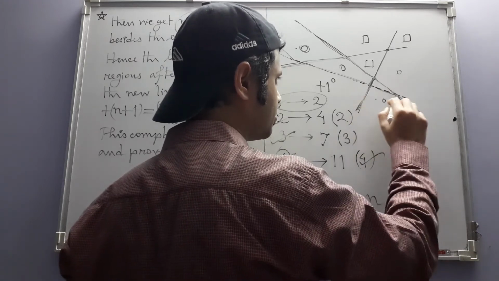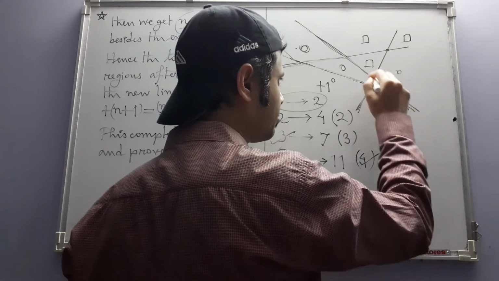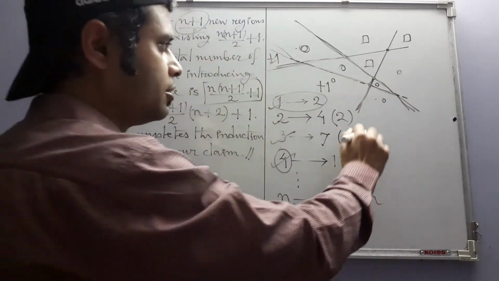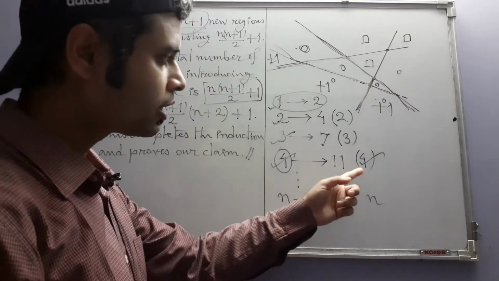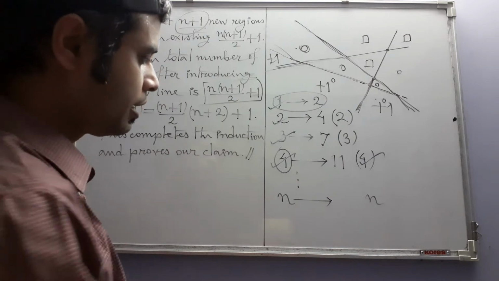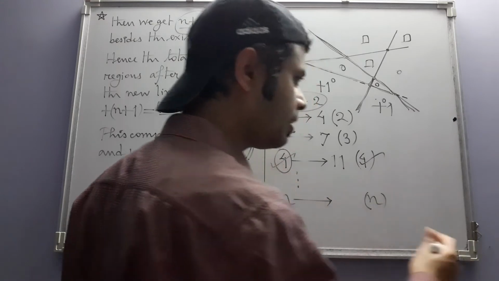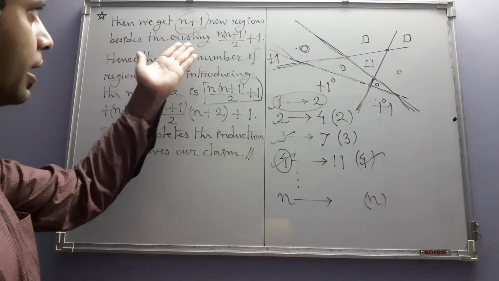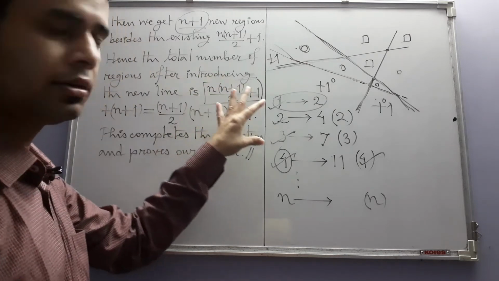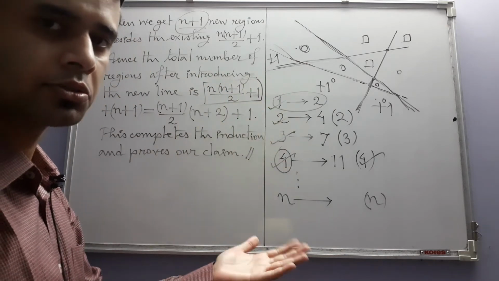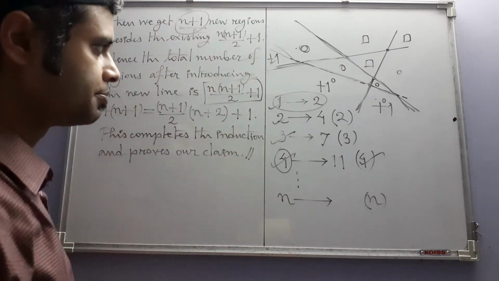This bounded, triangular part corresponds to the original region plus 1 extra. So we are getting 4 extra regions here. At the nth step, we will get n extra regions. Now this is the n plus 1 step because we already had n lines when we introduced 1 extra. So that's how we get n plus 1 new regions.